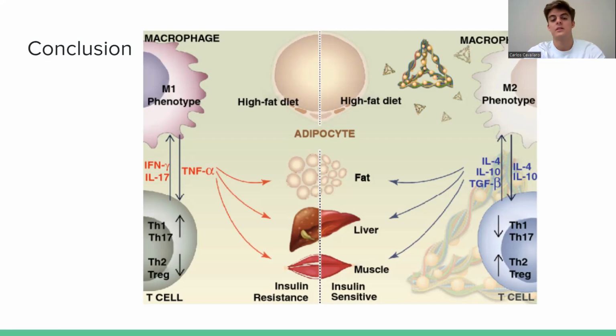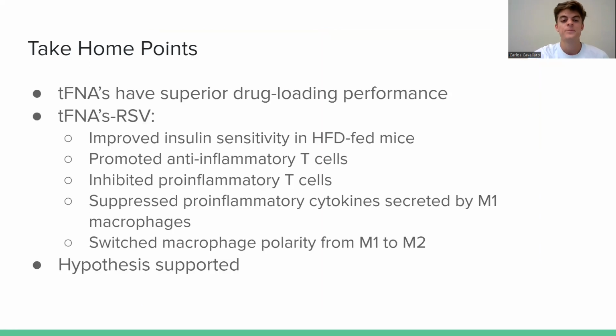And so basically this is a good comparison showing that when given the treatment of these tetrahedral framework nucleic acids incorporated with the resveratrol, these mice benefited a lot, and their overall health and weight also benefited. So that was the main conclusion of the study.